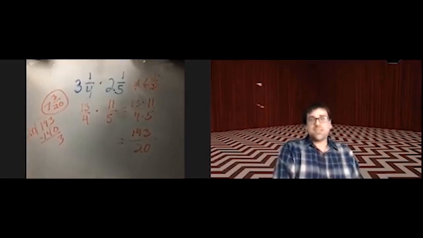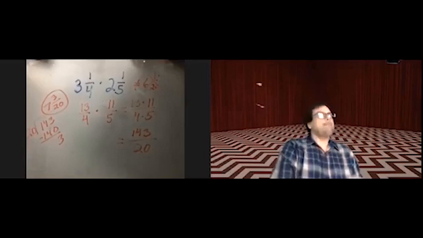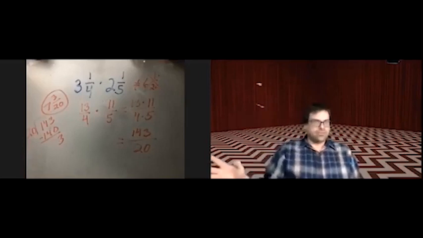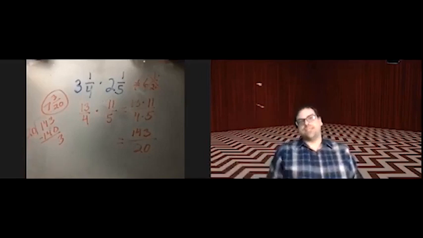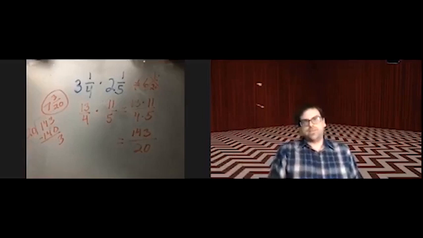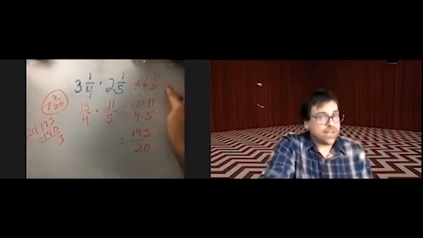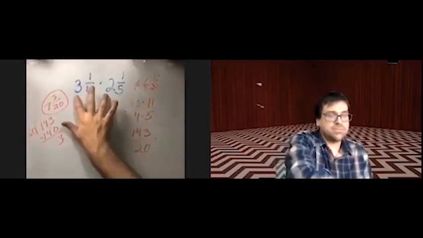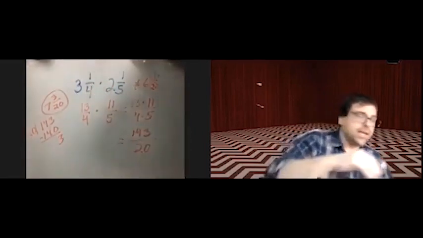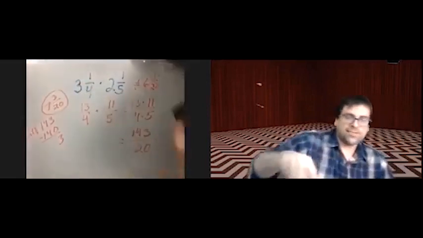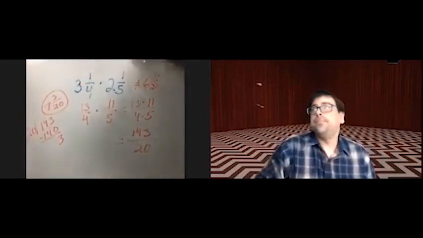The estimated answer is just going to help us if it's like really far off. If we've made a huge mistake, it'll be noticeable, but it shouldn't guide us to thinking 6 1/20 is correct, because we never just multiply the numbers and multiply the fractions. They always have to go through improper form.